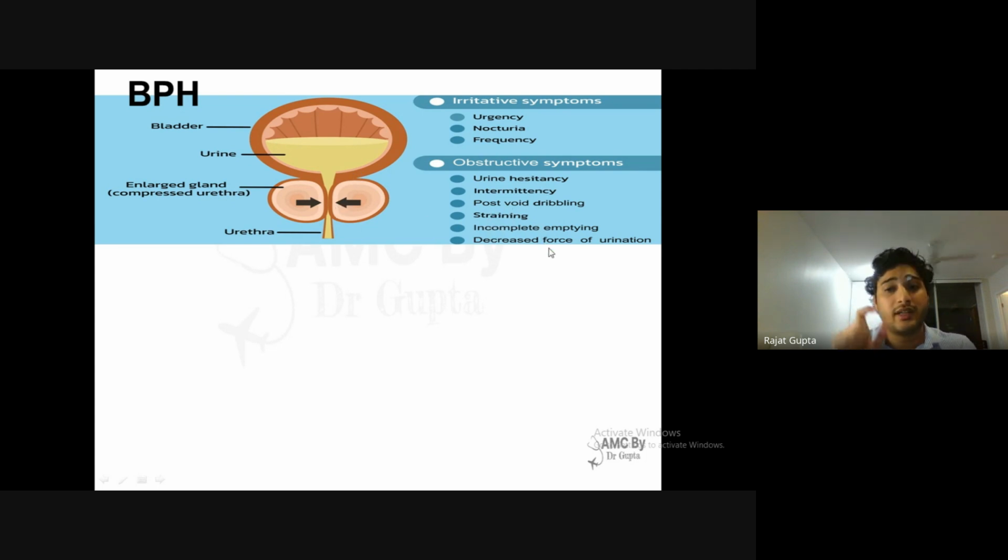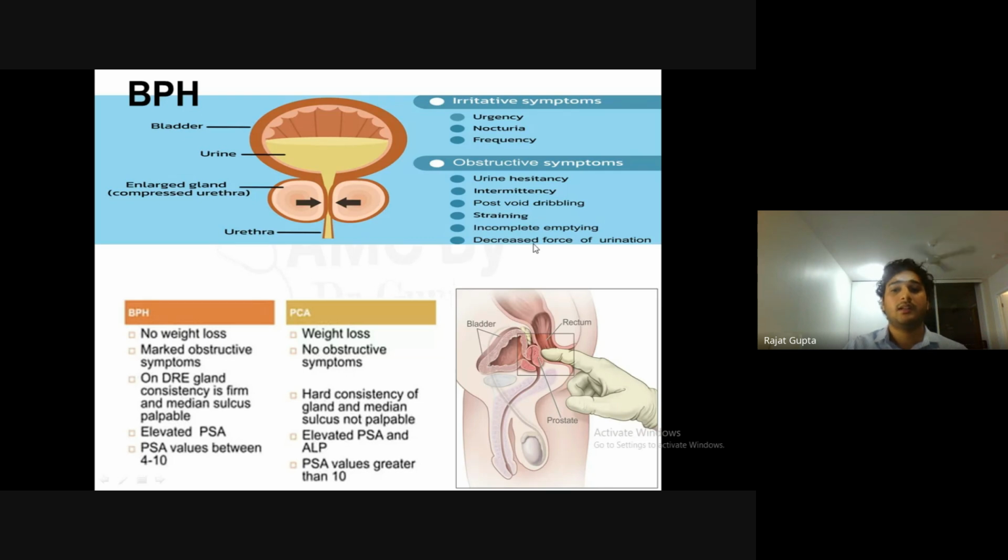And when the patient is straining, it further compresses the pathway and there is a further obstruction. So incomplete emptying, decreased force of urination, the flow of urine will not be strong. Now let's compare BPH with prostatic cancer. No weight loss, marked obstructive symptoms, no obstructive symptoms.